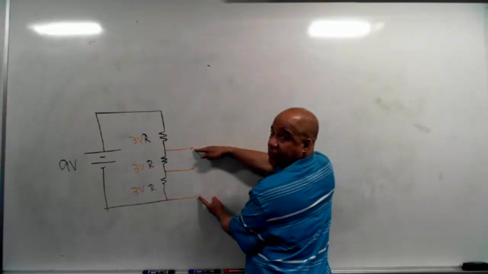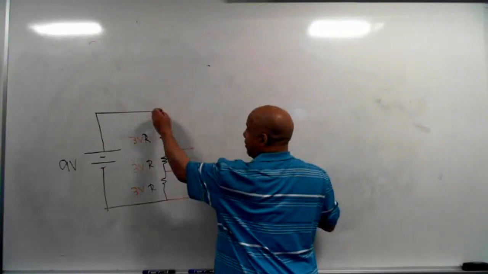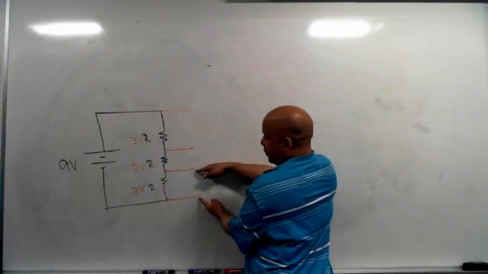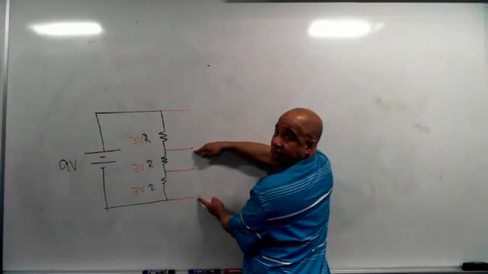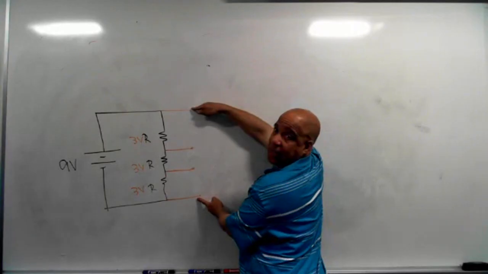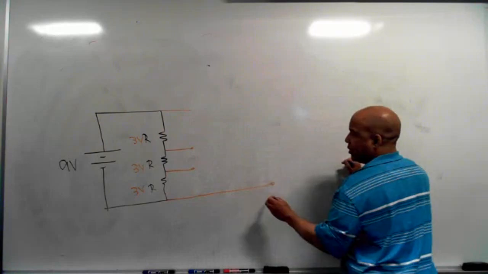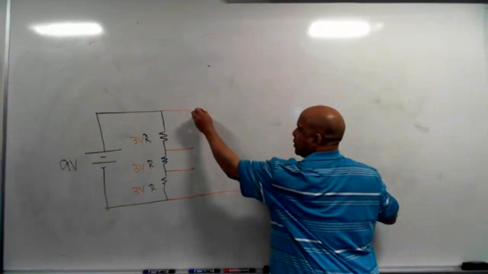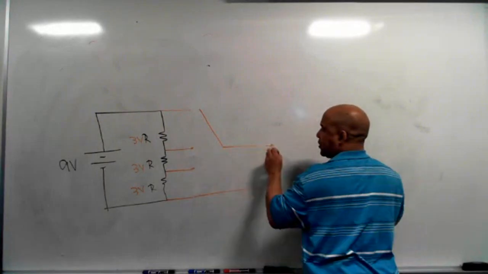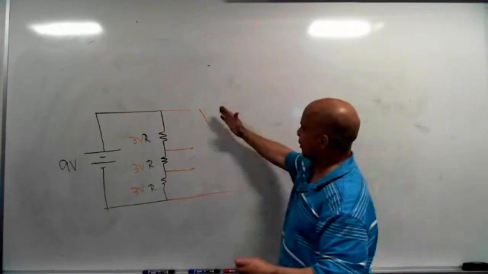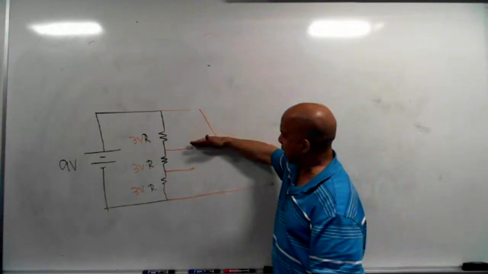I connect to here, I have 6 volts. Or I can connect to here. Now I have 3 volts I can attach to, 6 volts I can attach to, 9 volts I can attach to. So what they'll do is they'll bring this all the way out like this, and then they'll have a 3-position switch, where you can click this from here to here to here.